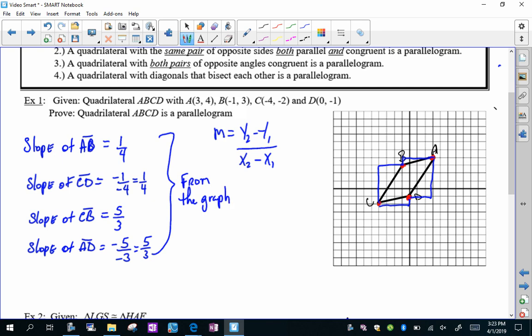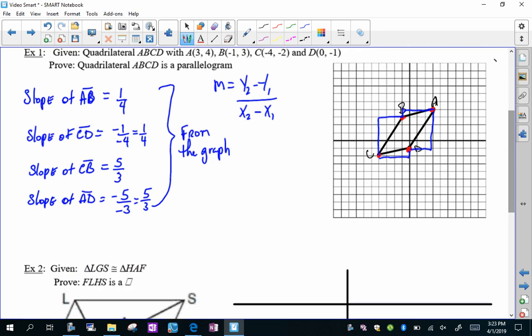And if I now have two pairs of sides in which the line segments are parallel, then I have a parallelogram. So I can write my concluding statement. Segments with the same slope are parallel.